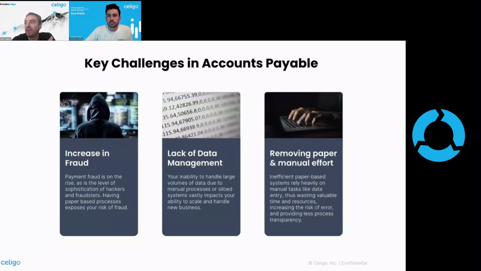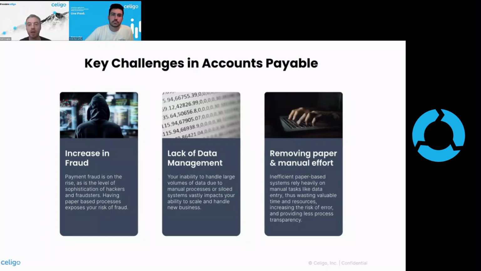Secondly, the lack of data management, right? So as organizations scale, they might be able to handle their accounts payable process when they're a small organization with only a handful, maybe 20, 30 customers. But when they scale up and they start getting hundreds of customers and multiple suppliers, their inability to handle that large volume of data, combined with the siloed systems, right?